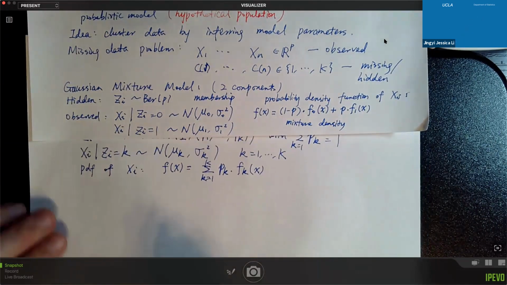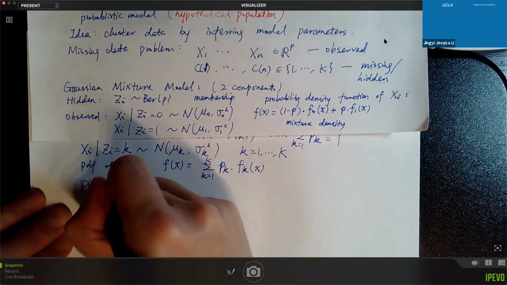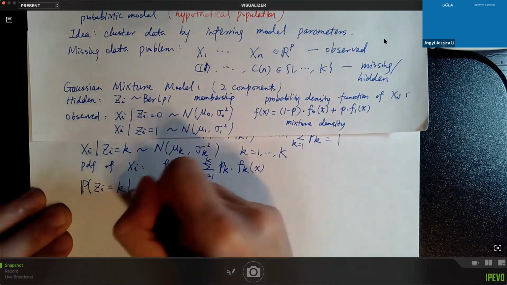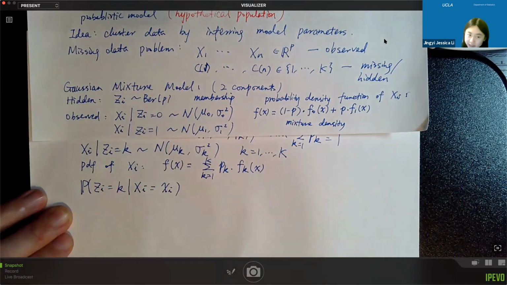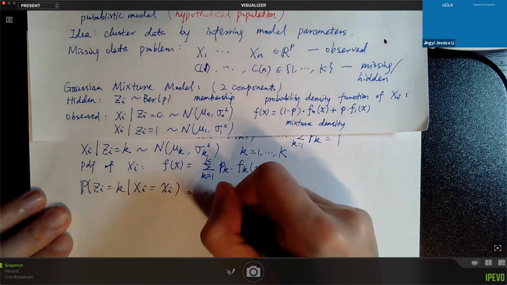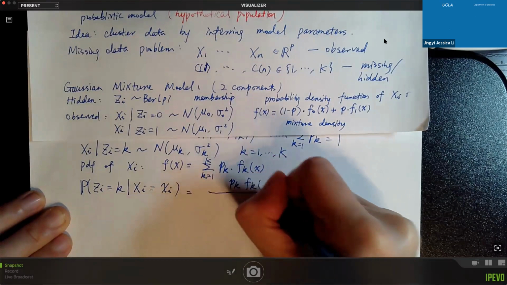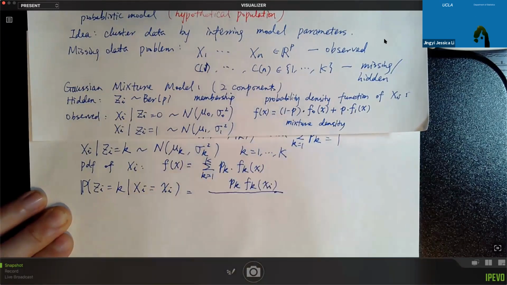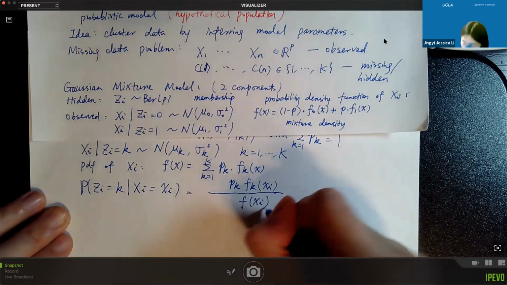And then finally, my decision will be based on the probability that zi takes k, given xi equals our observed value, lowercase xi. And we will have pk fk(xi) divided by this PDF, f(xi). That's it.